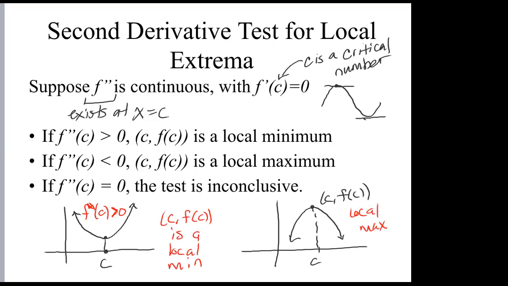And I can also tell that this point c, f of c occurs at the very top of this concave down portion of the graph. So because of that, f prime prime of c, the graph is concave down there, so it is less than 0. So if both of those things occur, then I have a local maximum.